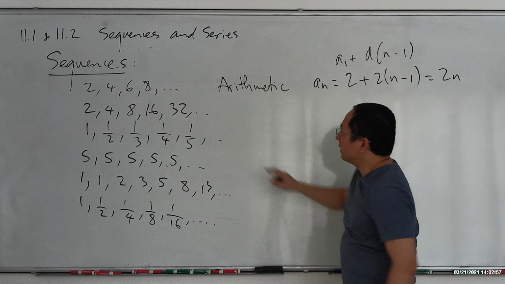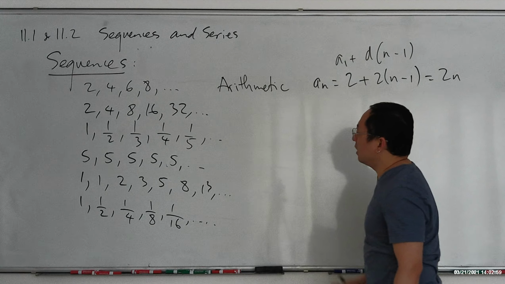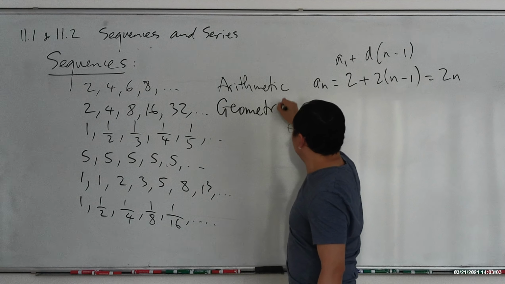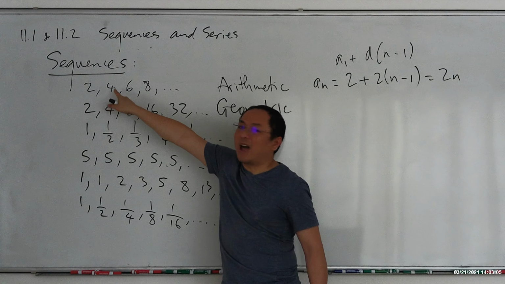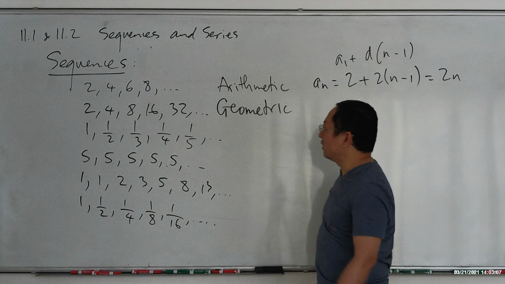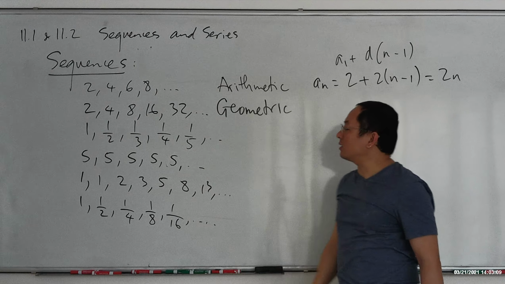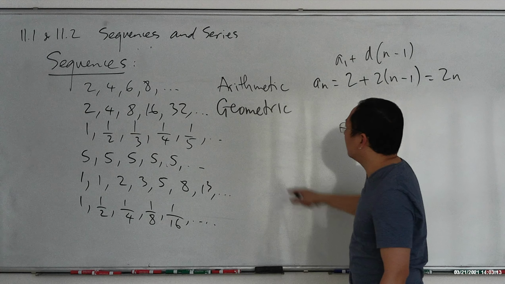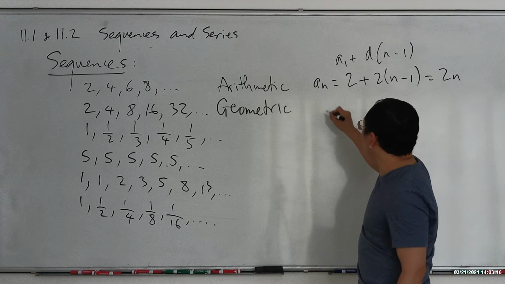The second sequence right here is called the geometric sequence. What is it? Instead of adding 2, you keep multiplying by 2. If you keep multiplying by a constant to get to the next term, this is called the geometric sequence.